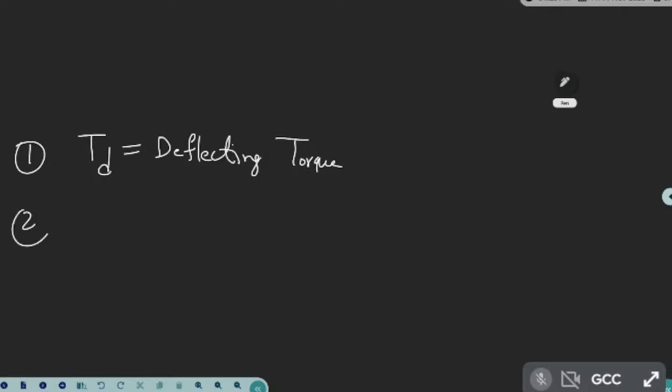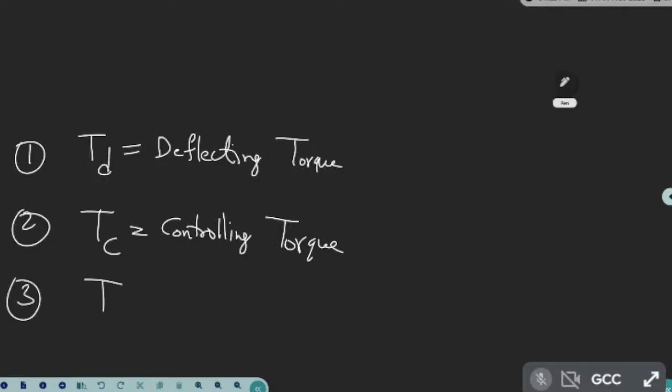Second one is called controlling torque. Third one is called damping torque.